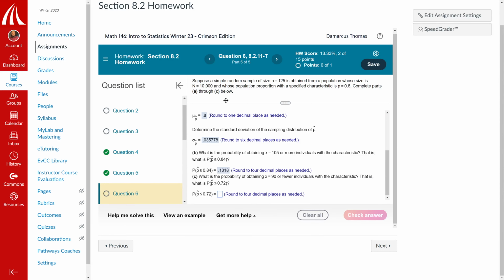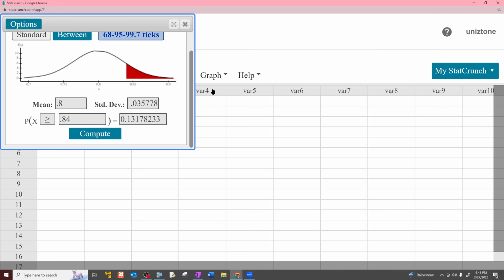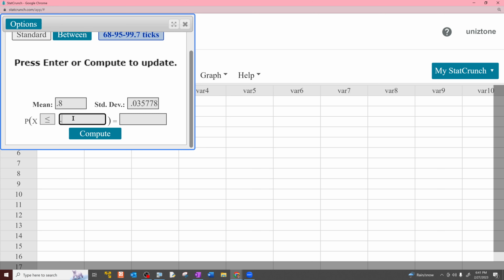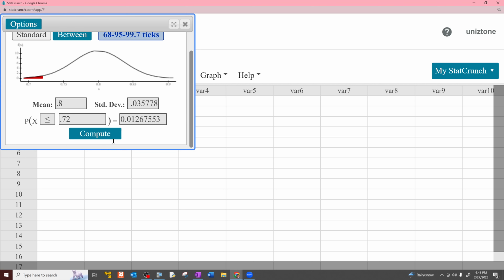So we can go back to StatCrunch. We're going to switch the sign, and we're going to put in 0.72. Everything 0.72 and lower, that's going to be 0.0127.